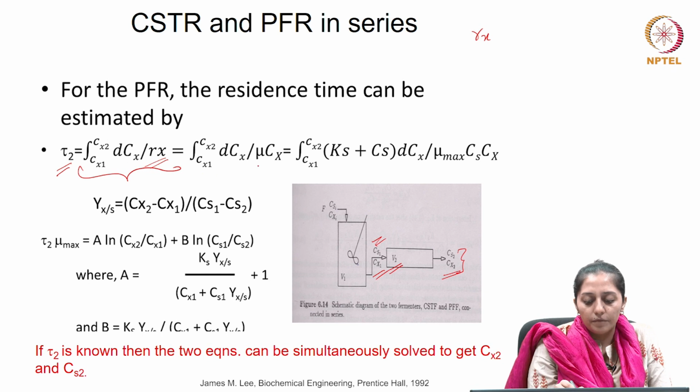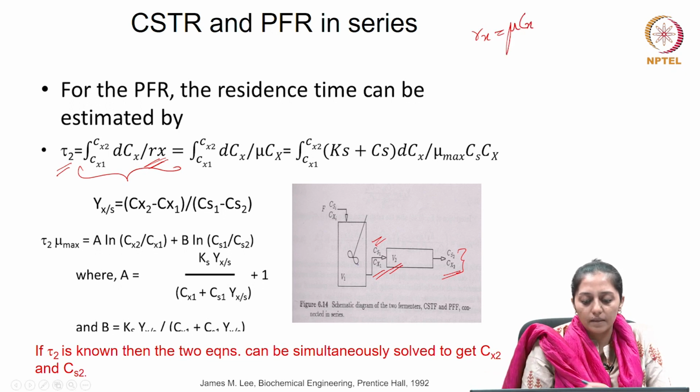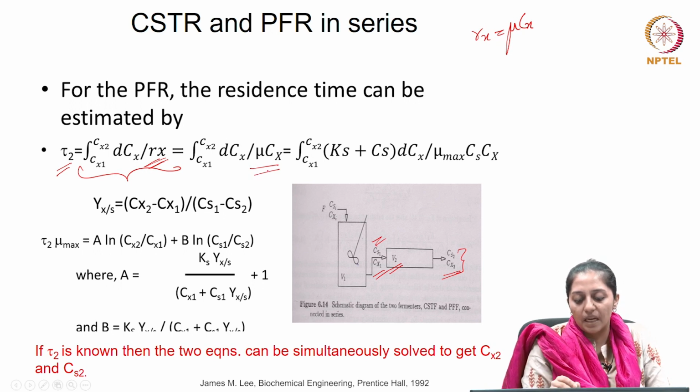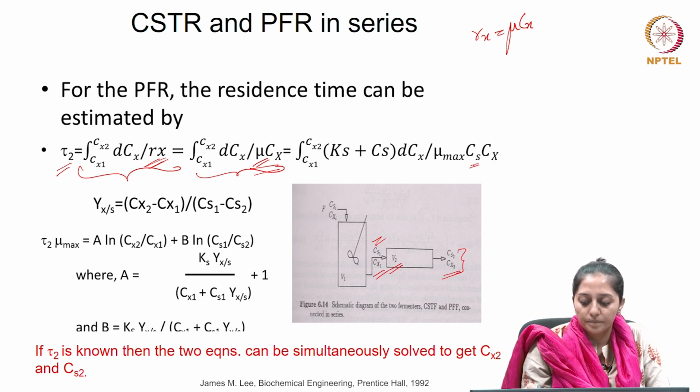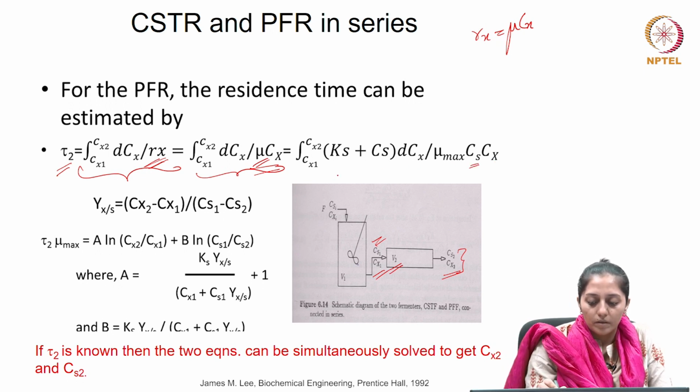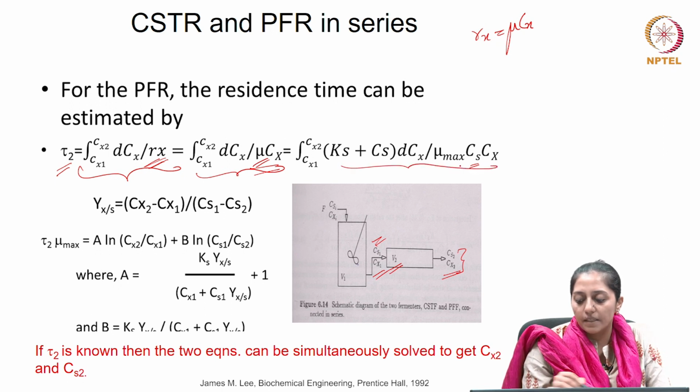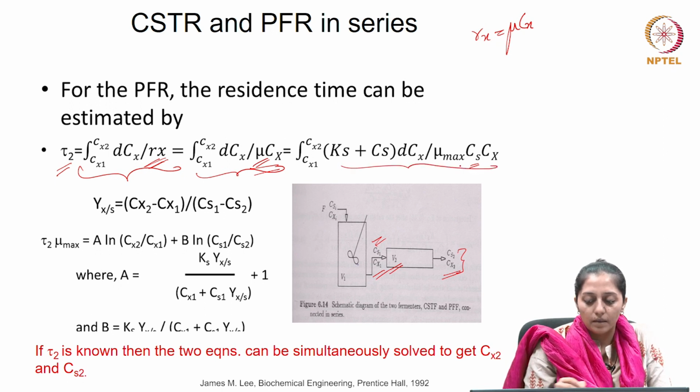So, now if you substitute this biomass formation rate, which is nothing but mu times Cx, it has been substituted here in place of Rx, and then integration has been done after substituting mu in terms of Cs. So now this has two variables, Cs and Cx.